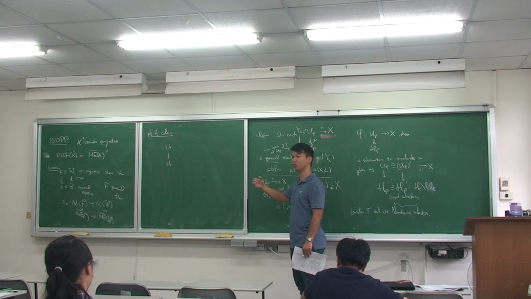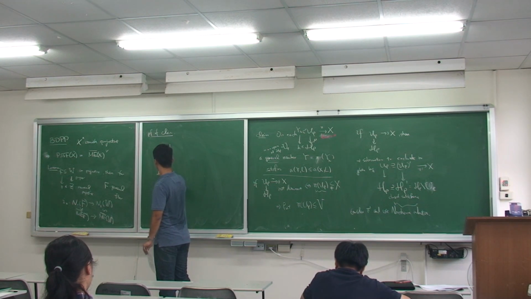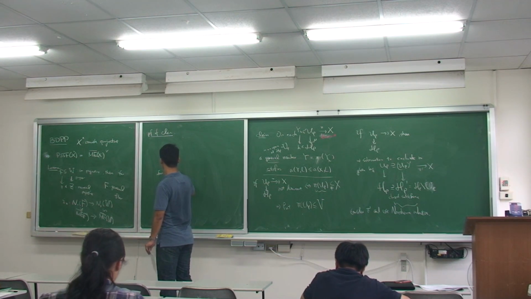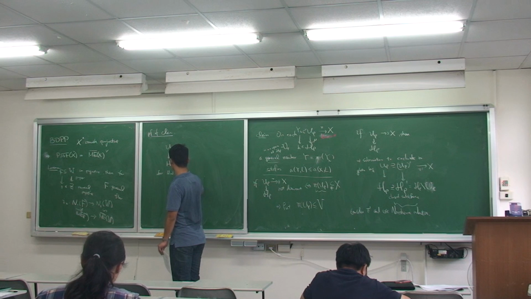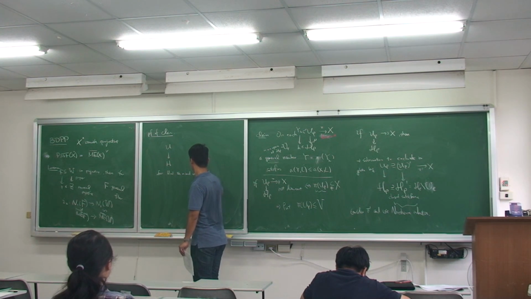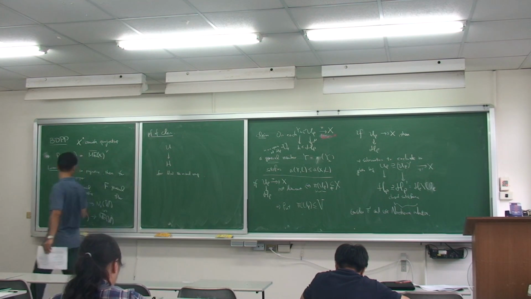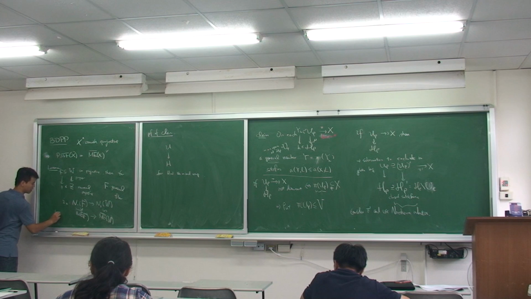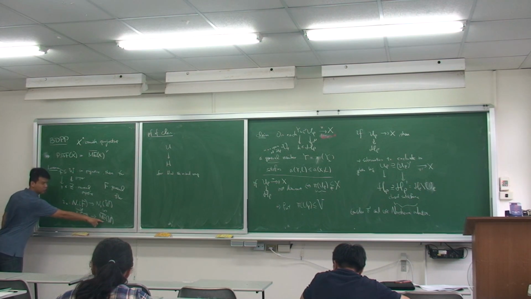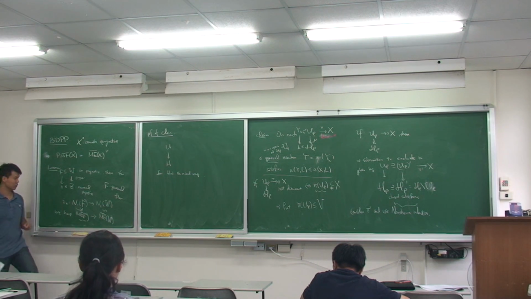Is that okay? So we can assume this case after taking the reduced structure and a component. The result is then that the movable curves map to the movable curves.